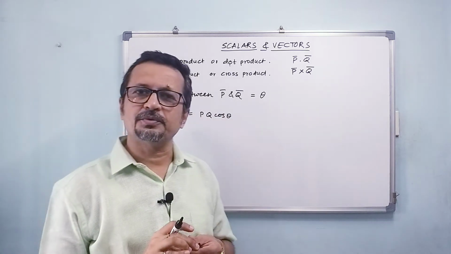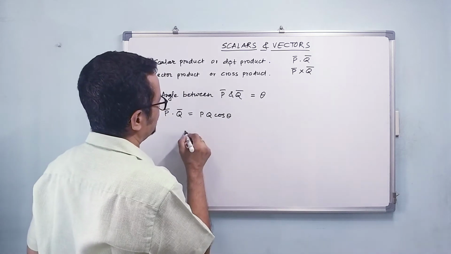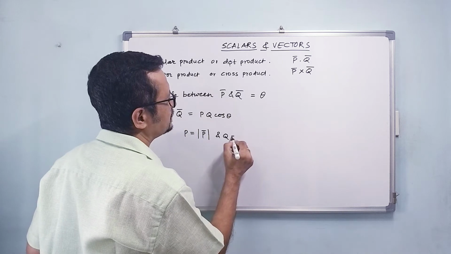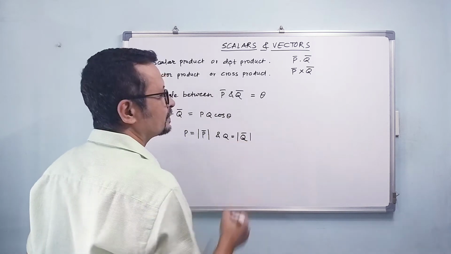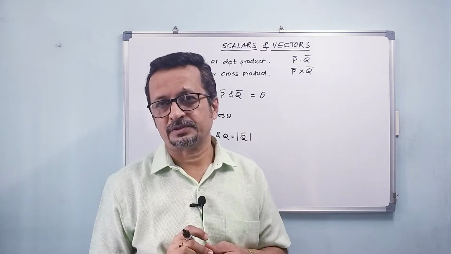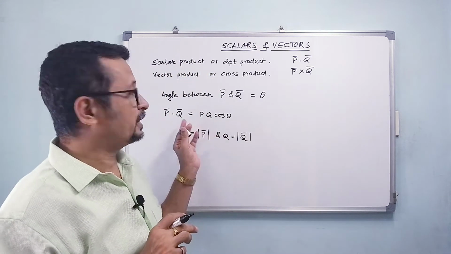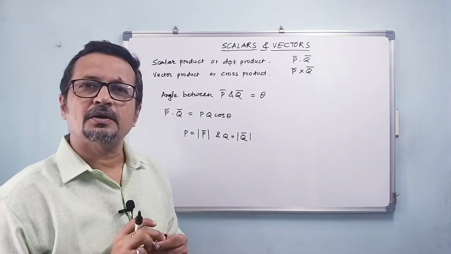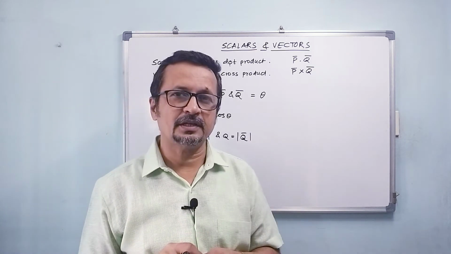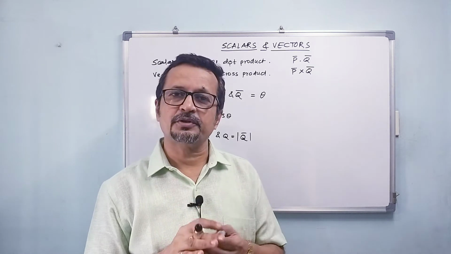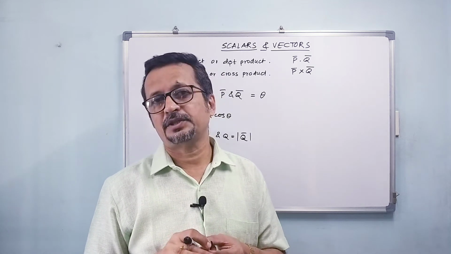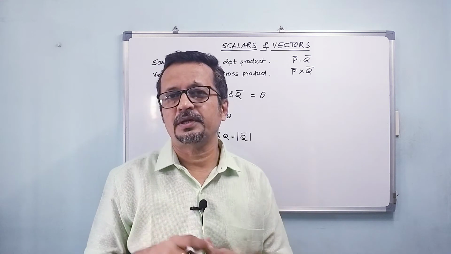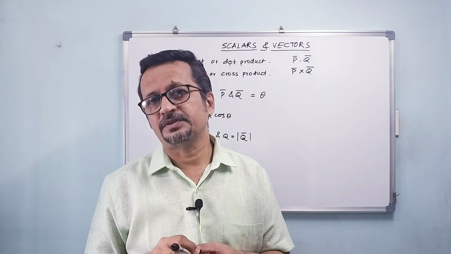Now what is p and what is q? p is the magnitude of p bar and q is the magnitude of q bar. We are taking only the magnitudes of these vectors, and if theta is the angle, then the scalar product is given by pq cos theta. Now how do we really define the scalar product of two vectors? We define the scalar product of two vectors as the product of the magnitudes of both the vectors and the cosine of the angle between them. That is the formal definition of the scalar product.